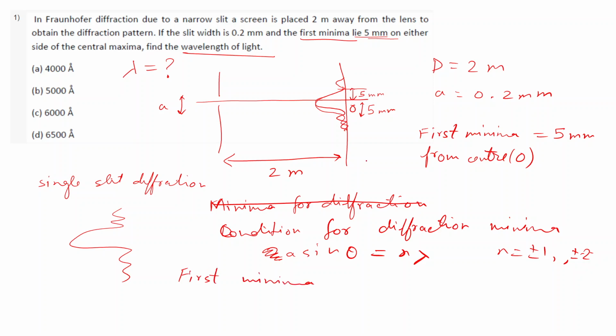Why plus minus? Because we are talking about both sides. So for the first minima, n will be 1.